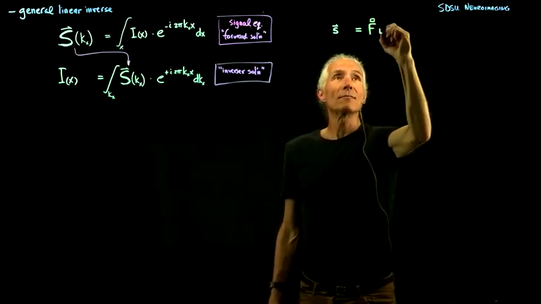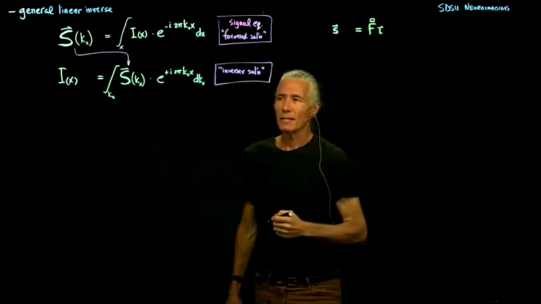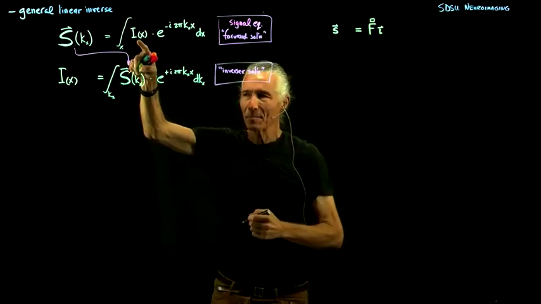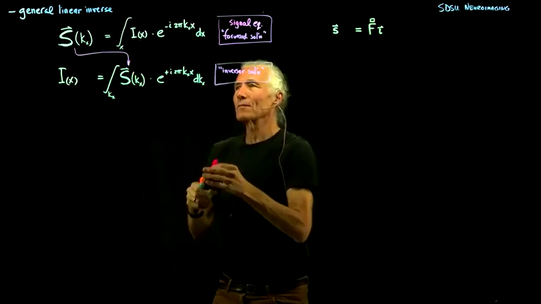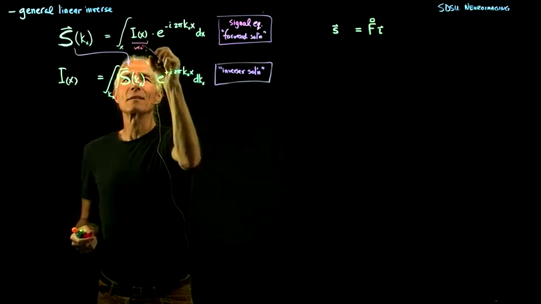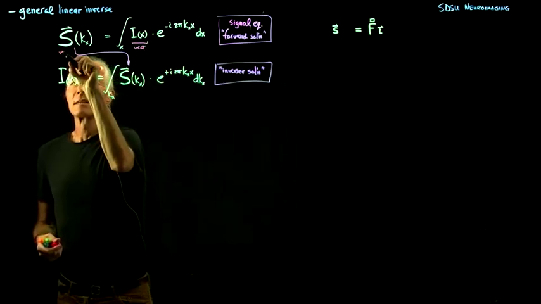And the other string of numbers is the image values at each point. So this guy is a 1D vector, and this guy is a vector.